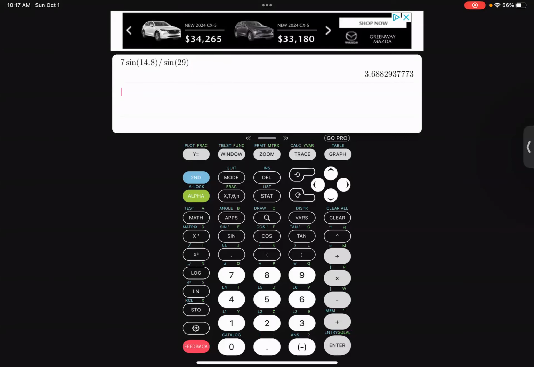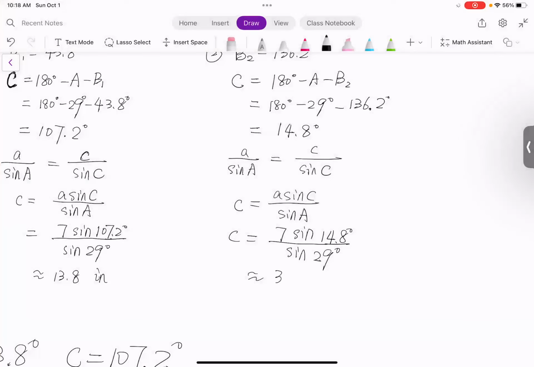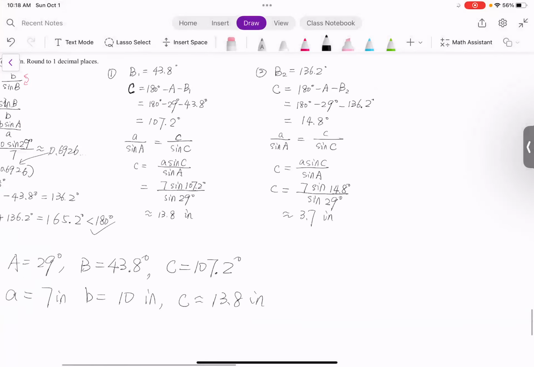We need to keep one decimal place. I have 3.7. So the solution is 3.7 inches.